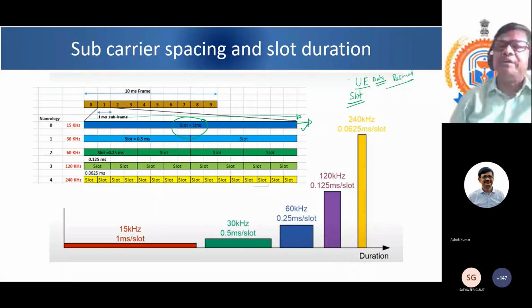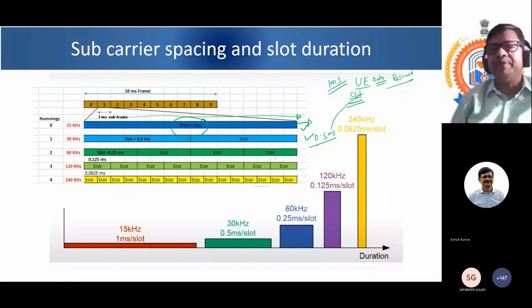So you cannot have a latency of 1 millisecond, because there are other factors also, coverage. Using numerology 0. But if you use numerology 2, your scheduling can happen every 0.5 millisecond. Every 0.5 millisecond, I can allocate resources. So if some data is coming, the data can be transmitted just after 0.5 milliseconds.